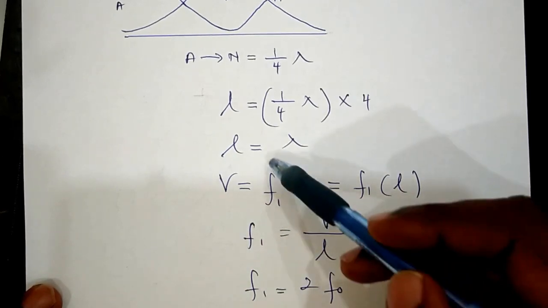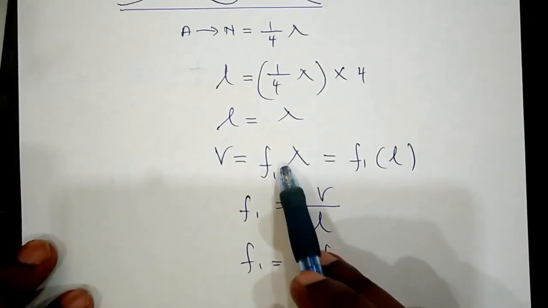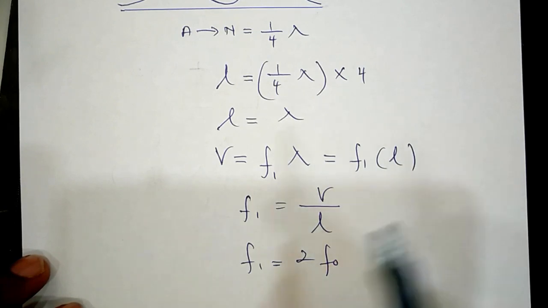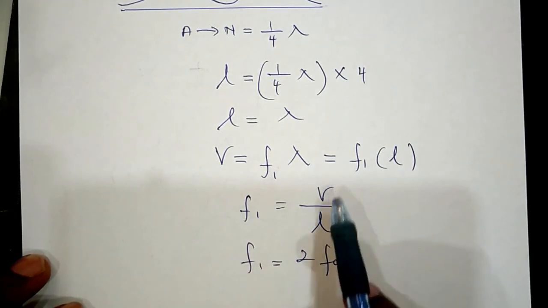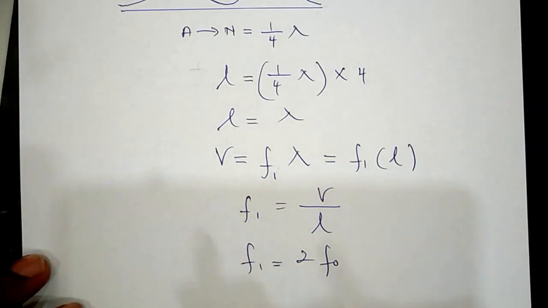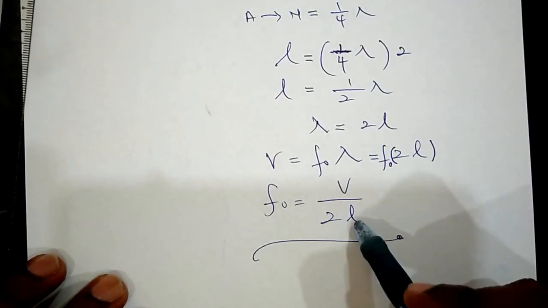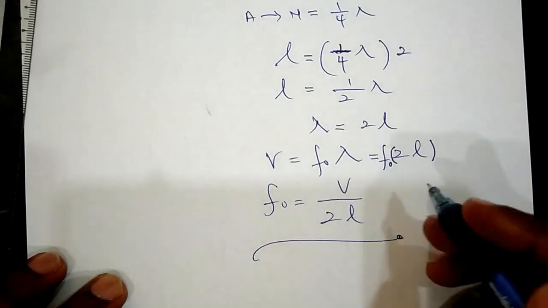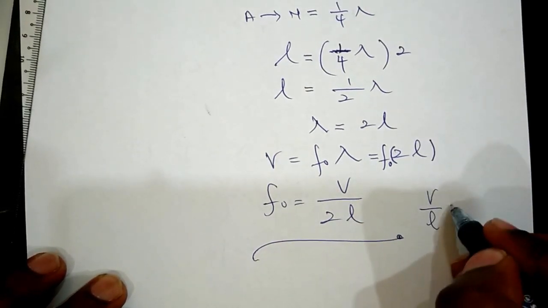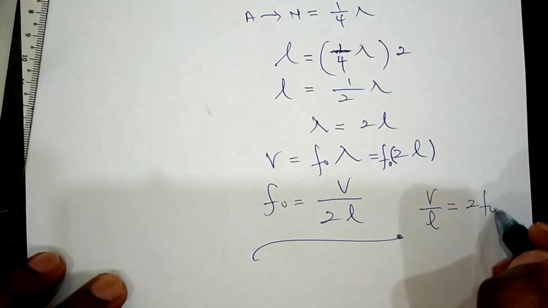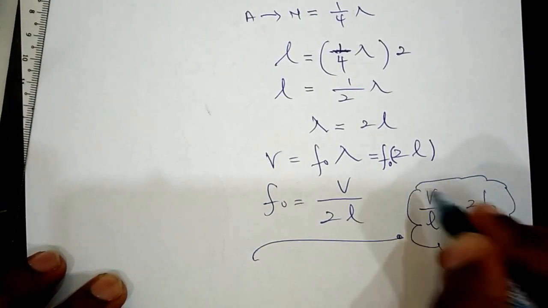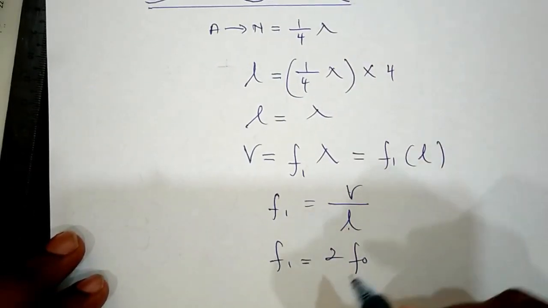F1 is the first overtone, where lambda equals L, and finally f1 equals v over L. f1 in terms of f0 is 2f0, because f0 itself is v over 2L. So v over L equals 2f0.